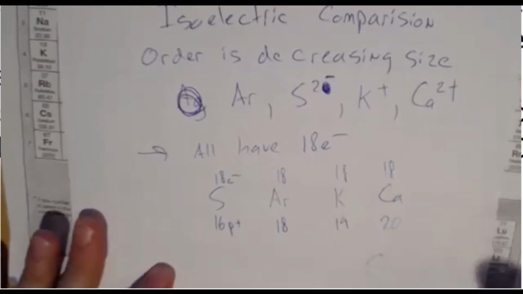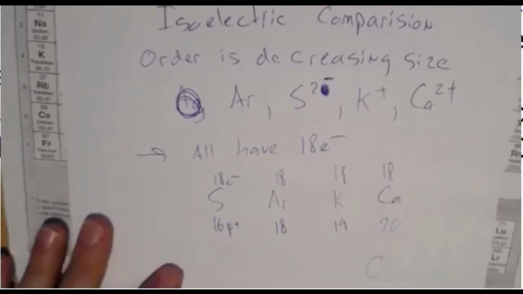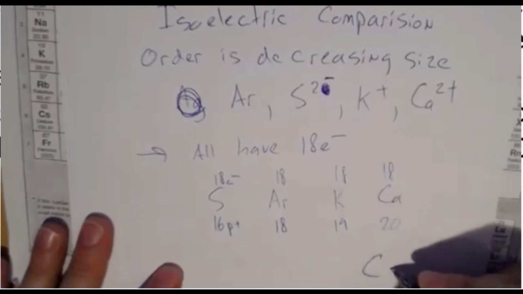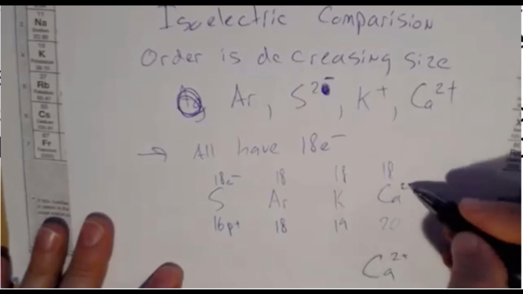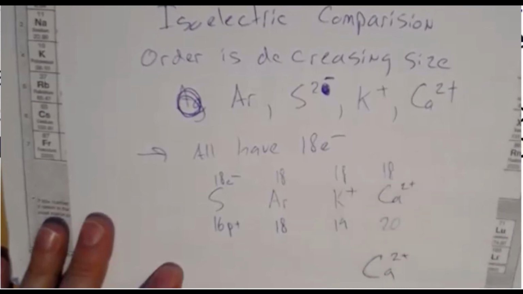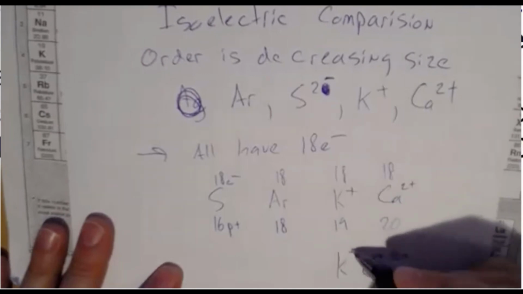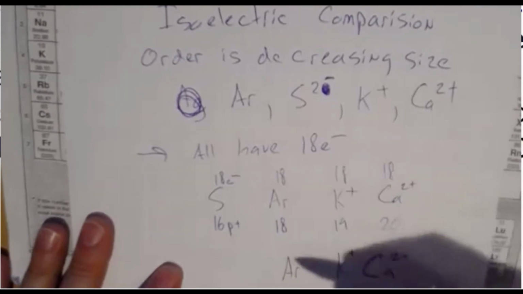Actually, I need another pen. Calcium would be the smallest, so I'll put calcium, 2+. Then potassium would be, actually, I just put them in order, didn't I? I just kind of naturally do that.